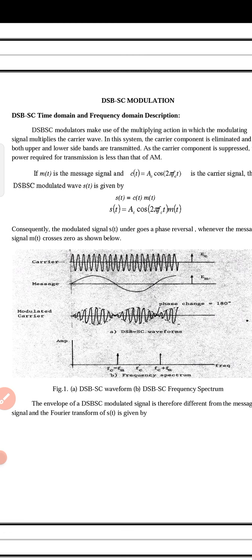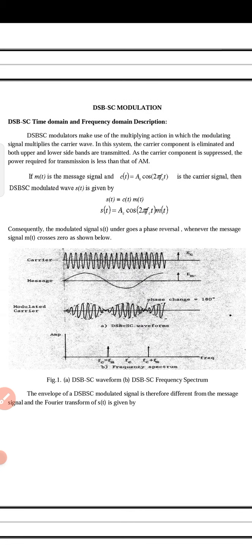In DSB-SC modulation, what we do is remove the carrier. During transmission we completely suppress the carrier, ignoring the carrier. DSB modulators make use of the multiplying action in which the modulation signal multiplies the carrier signal.